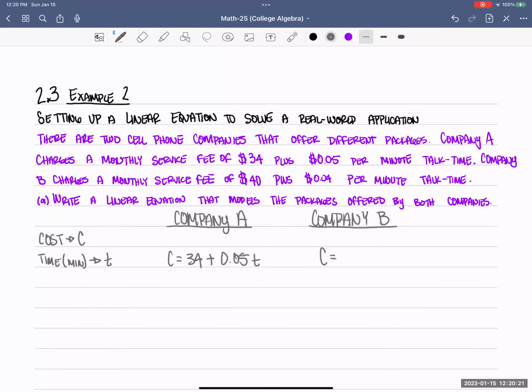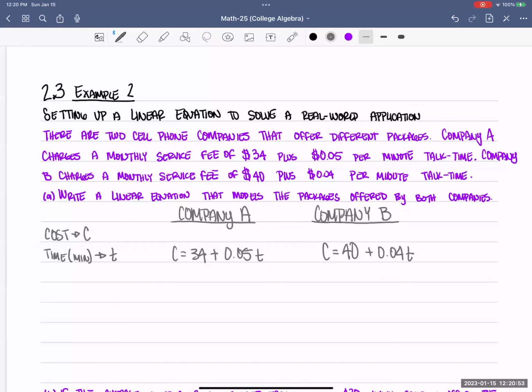So cost for company B. Company B charges a monthly service of $40. So we're starting off with $40, a little bit higher, plus 4 cents per minute. So we have 4 cents that we're multiplying each minute, 0.04 T. And there we go. That is the equation that we have to model each of the packages offered.